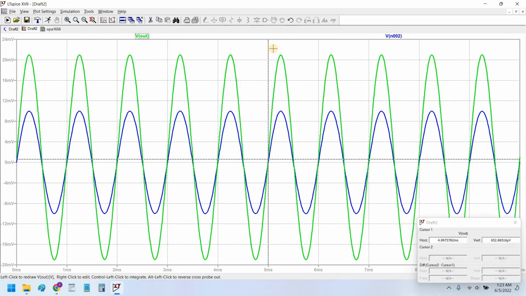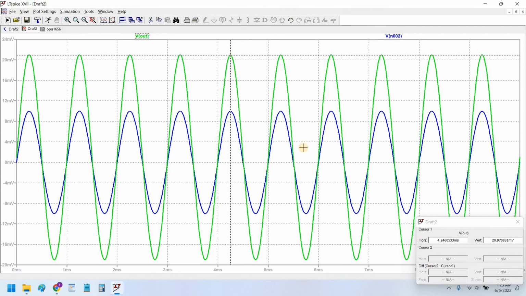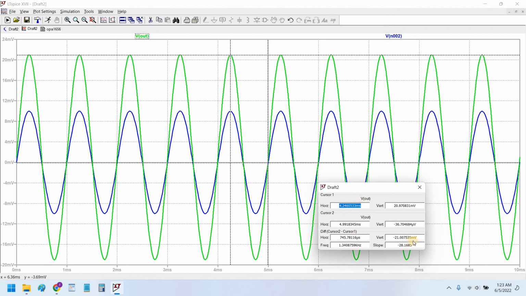Let's check it. Here is the peak, and here is the reference 0 volt. Therefore, our output is going to be equal to 21 millivolt or rather 20 millivolt, because I have not placed the cursor exactly on 0 millivolt. So this is 20 millivolt peak.